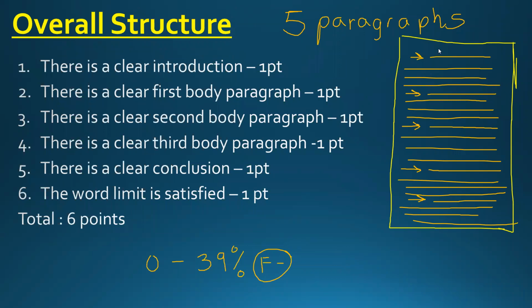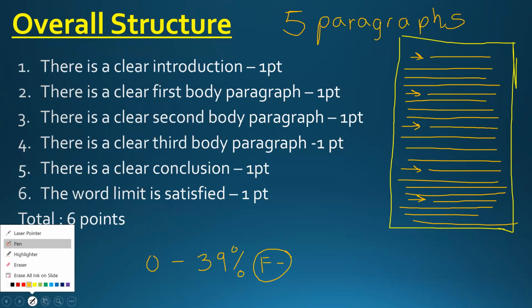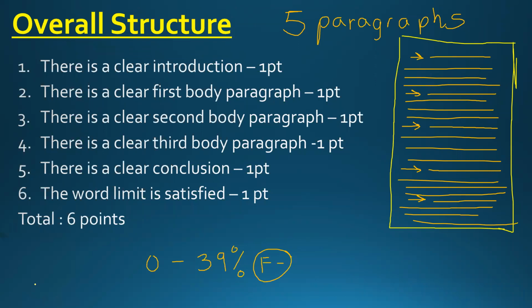Go ahead. Why do you have 3 paragraphs in this when you say you want 5? You have the introduction first, then the first, second and third paragraphs, and then the conclusion at the end.